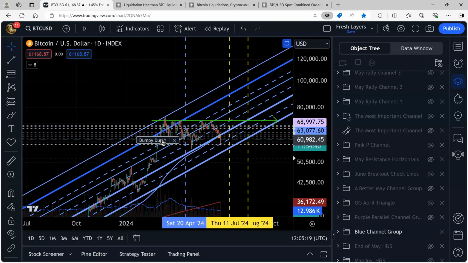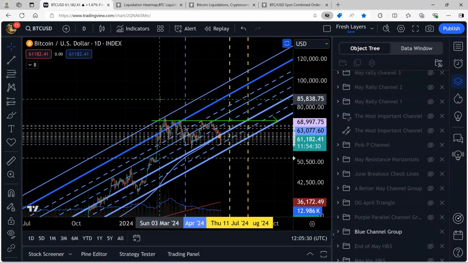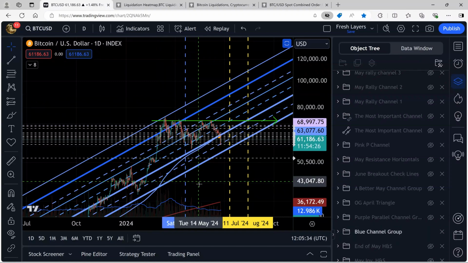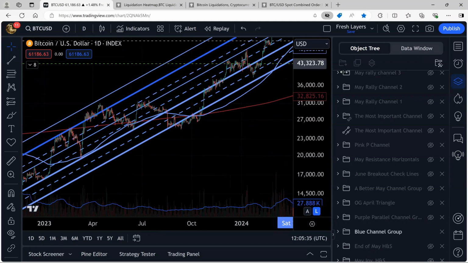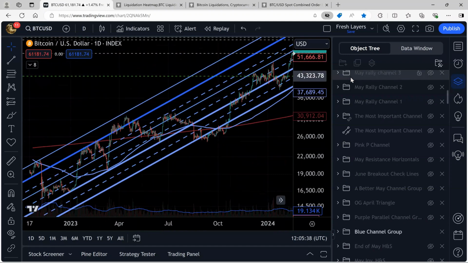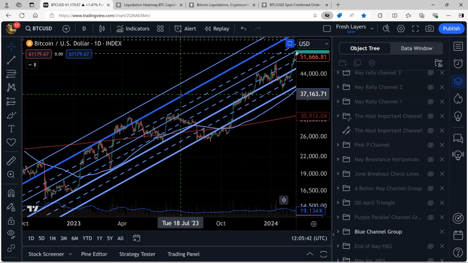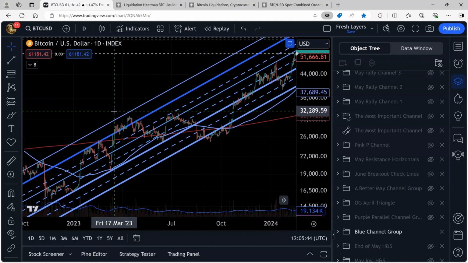Let's see how long we've been traveling sideways here. We've been traveling sideways since March, April, May, June, 4 months. And back here, wow, that was a long time.